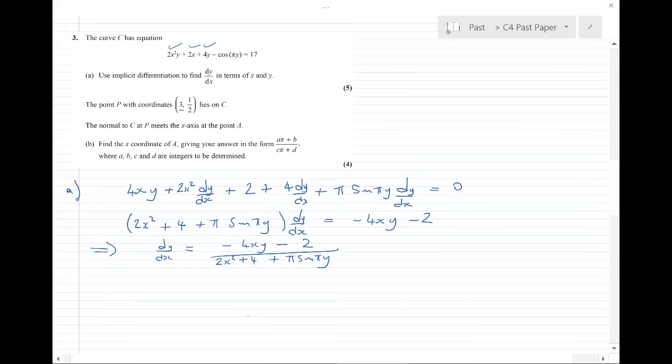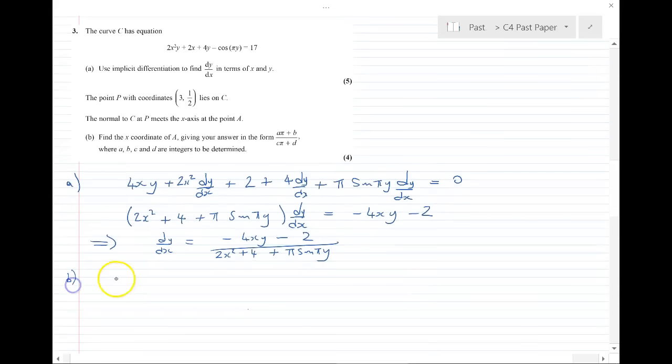Now what it's saying for part B is that we've got a point P on there, and it's a normal, and it wants us to work out where that normal crosses the x-axis. So first of all we need to be able to get an expression for the equation of that normal, which involves getting the gradient.